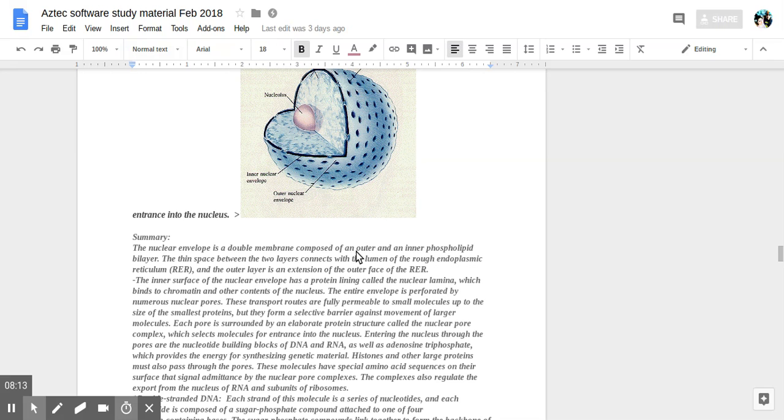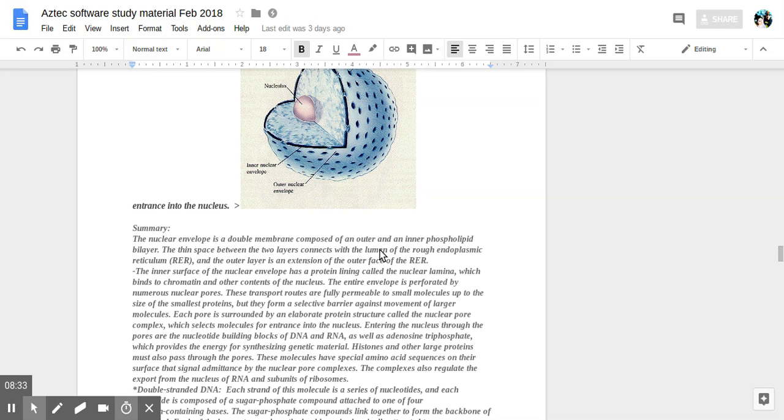molecules. This layer is fully permeable to smaller molecules up to the size of the smallest proteins, but there's a selective barrier against movement of larger molecules. Each pore has an elaborate protein structure surrounding it called nuclear pore complex, which selects molecules for entrance into the nucleus.